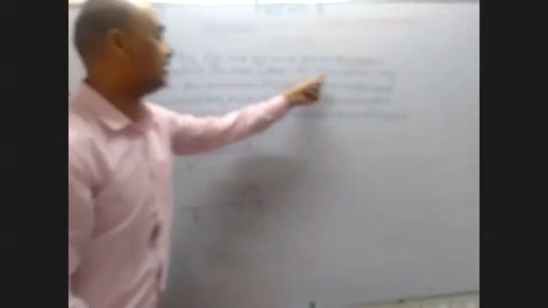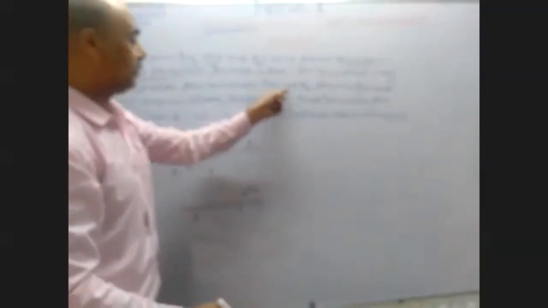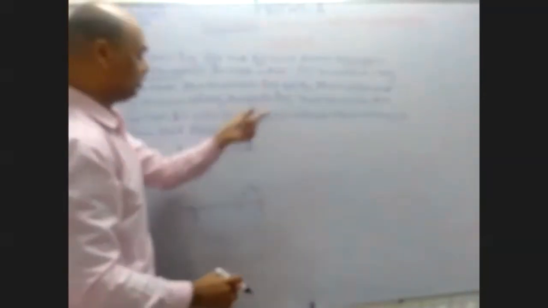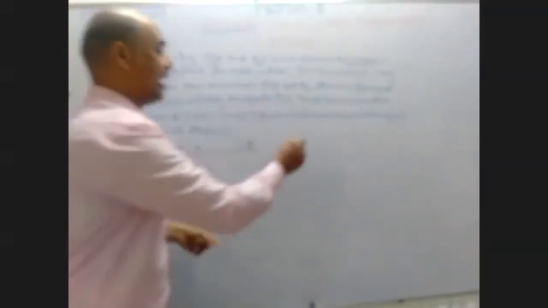Here, an incident ray AB strikes the mirror PQ at point B. The reflected ray moves along the path BC. The name of this reflected ray is BC. Now this reflected ray moves along the path BC and strikes the mirror RS.